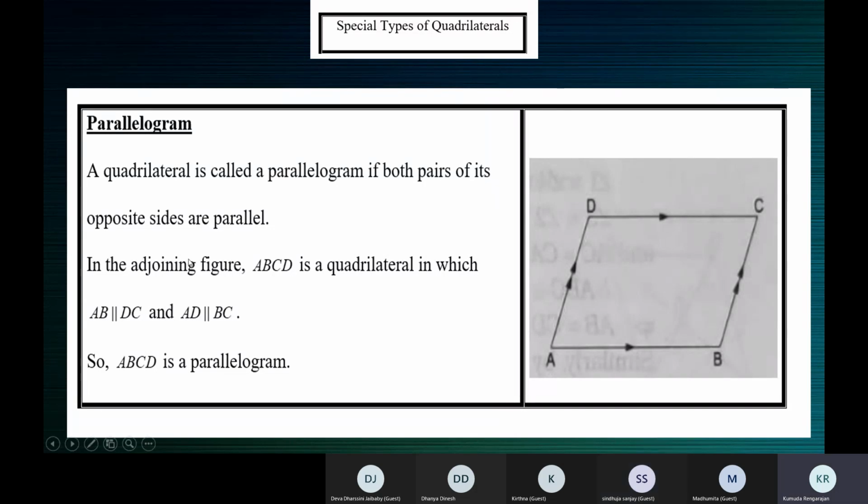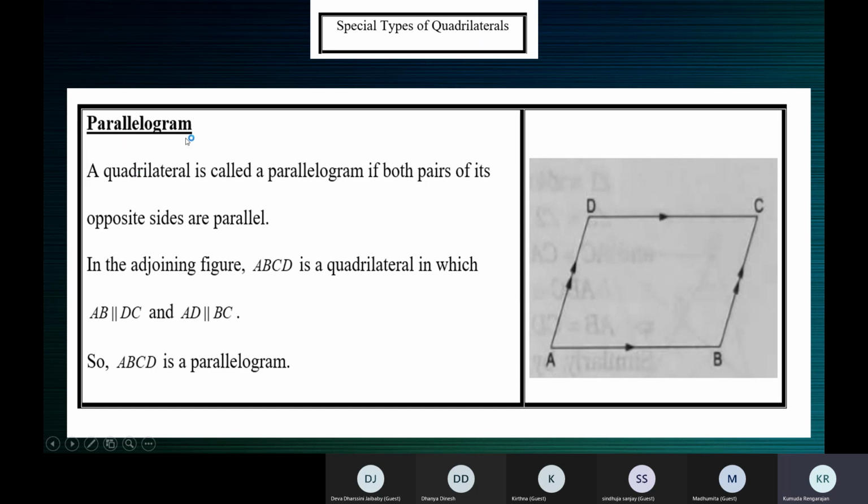Okay, this is the definition, children. What you see on the screen is a definition of a parallelogram. What you have noted down now are the properties. First write the heading special types of quadrilaterals.